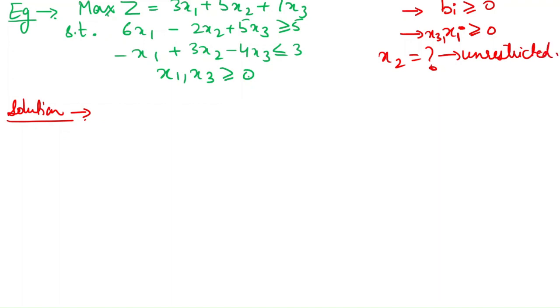So if it is an unrestricted variable, before transforming it to the standard form, first of all you have to rewrite your linear programming problem using x2. Let us put x2 equal to x2 dash minus x2 double dash, right? So therefore the linear programming problem is maximize z.